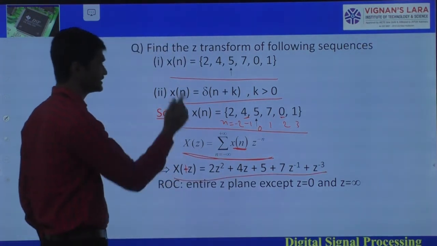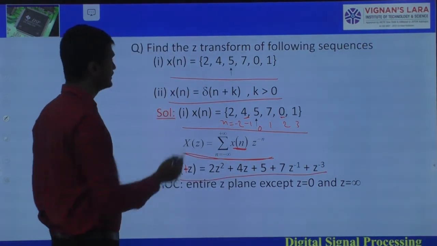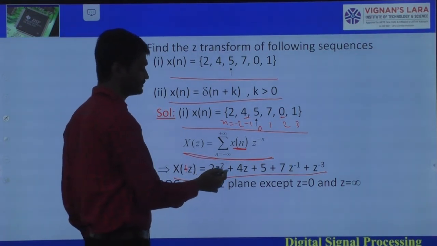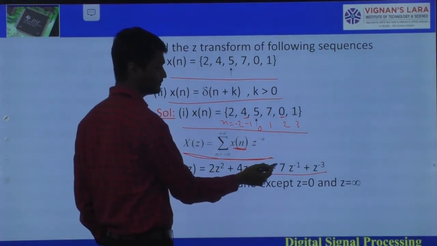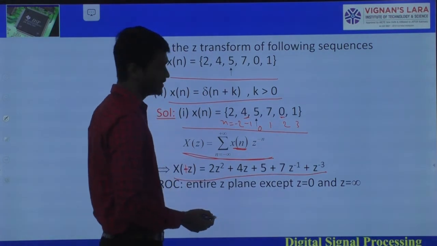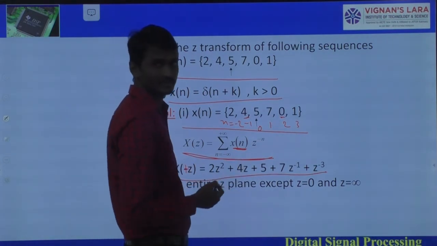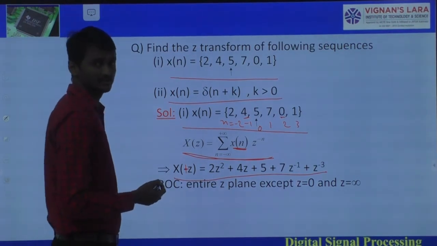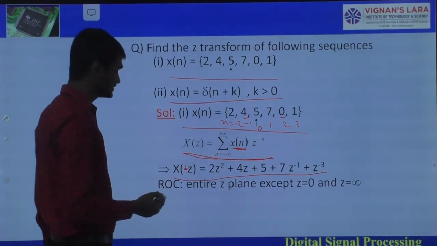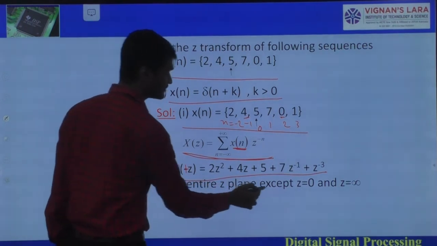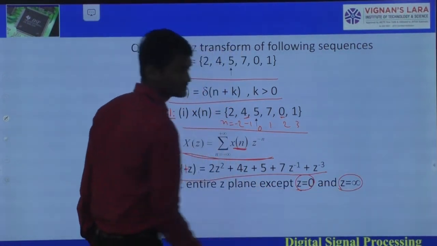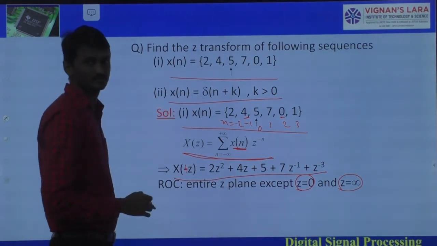This is the Z transform of the given sequence, that is 2 z power 2 plus 4 z plus 5 plus 7 z power minus 1 plus z power minus 3. So what about the ROC, that is region of convergence? The ROC is the entire z plane except at z equals 0 and z equals infinity for this one. Okay.